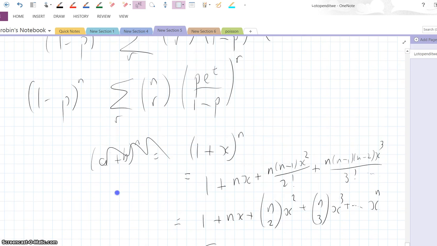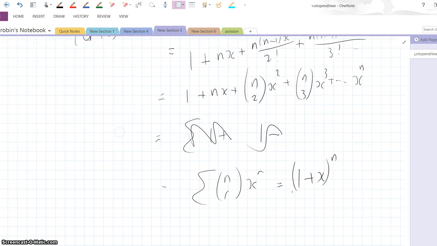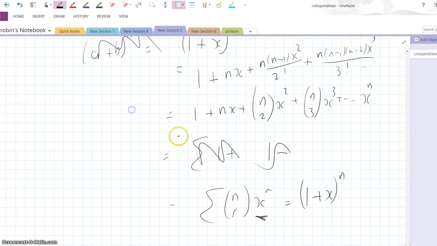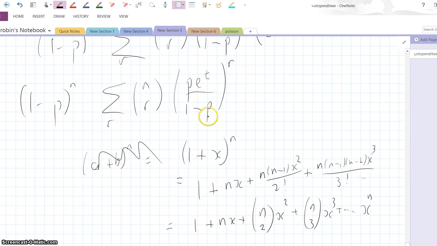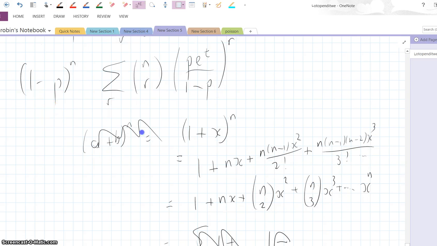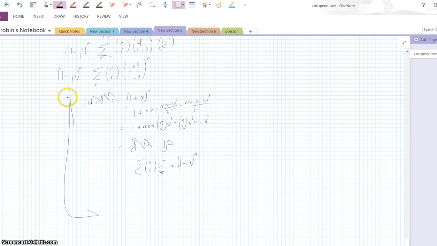I can use that because we've got the same form, but instead of x, I've got p e to the t over 1 minus p. So I can write this whole thing as 1 minus p to the power n times 1 plus p e to the t over 1 minus p, to the power n.